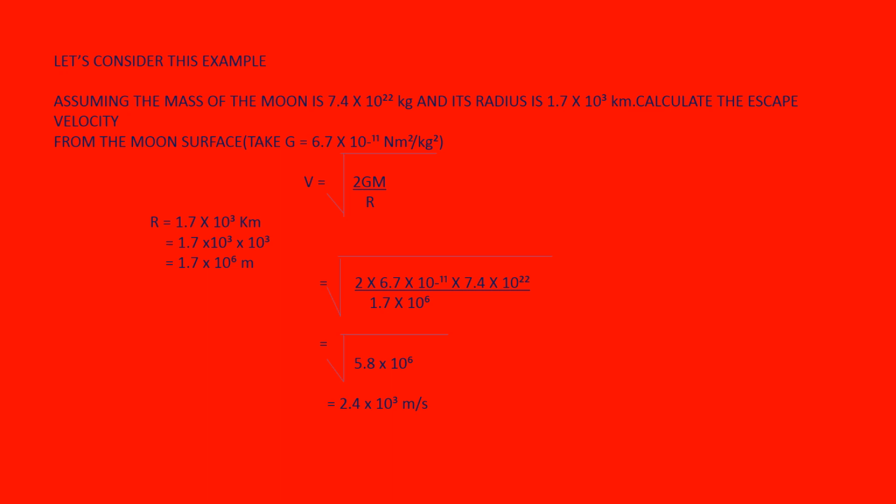So substituting into the formula, we have 2 times 6.7 times 10 raised power minus 11 times 7.4 times 10 raised power 22 all over 1.7 times 10 raised power 6. Dividing, we have square root of 5.8 times 10 raised power 6. Final answer gives us 2.4 times 10 raised power 3 meters per second.